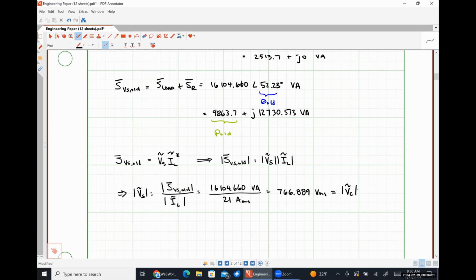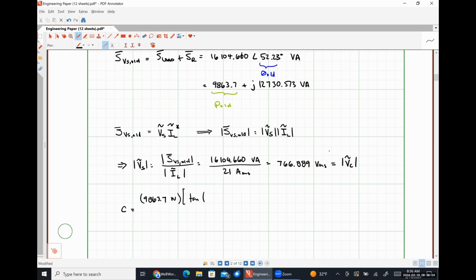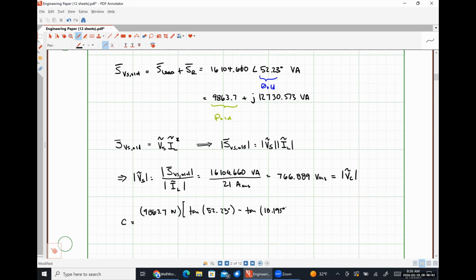So we now have all of the different constituent parts. So C is going to be 9,863.7 watts times the tangent of theta old, 52.23 degrees, minus the tangent of theta new, which we found to be 18.195 degrees, divided by omega, which was 120 pi radians per second, times the magnitude of the voltage drop across our capacitor, 766.889 volts RMS squared.